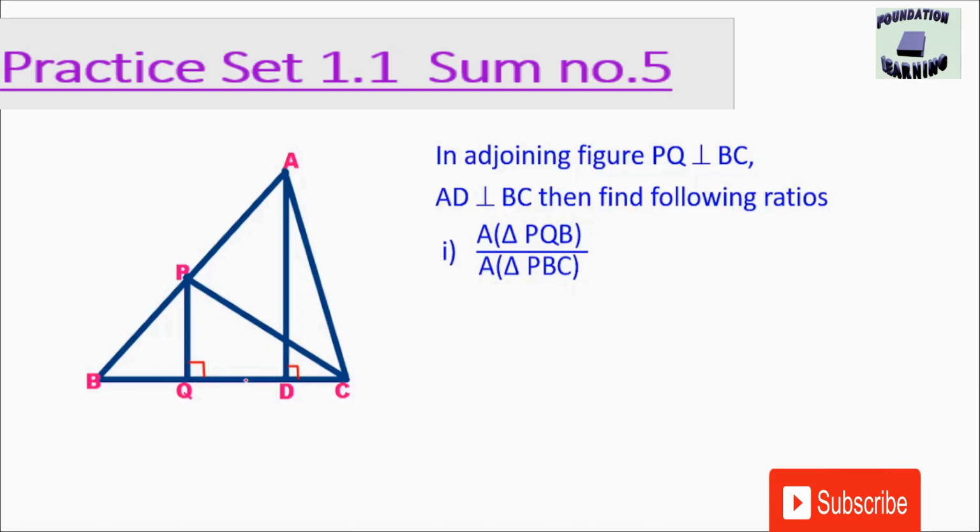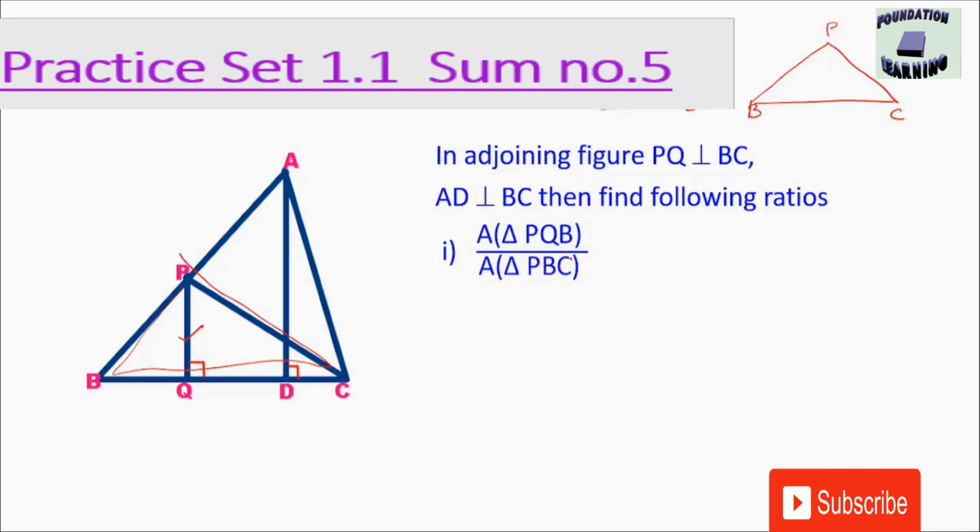Now PQB is here. This is triangle PQB. This part. Okay. Upon PBC. P, here it is. PBC. So here you have PBC.